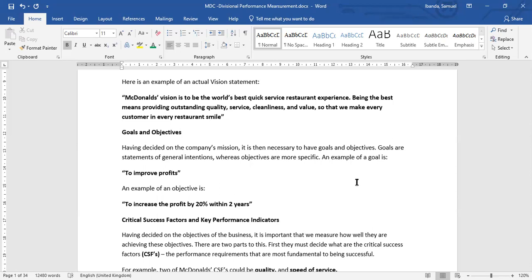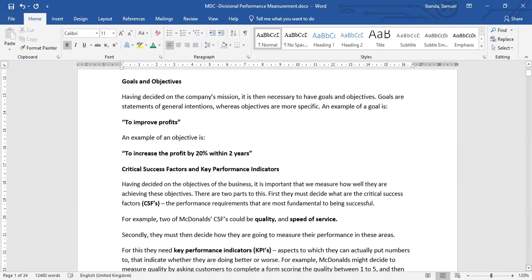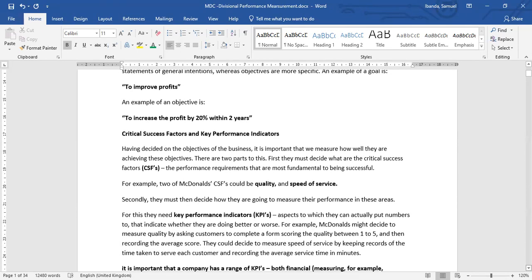Okay? So we also have the critical success factors and key performance indicators. Basically, we are trying to see what we look at to say this company has actually performed well, okay? Here, of course, based on the organization and what the organization regards as its own purpose, that will give us guidance to understand whether the organization has performed well or not.